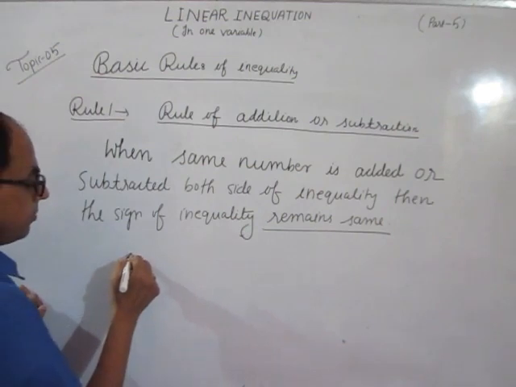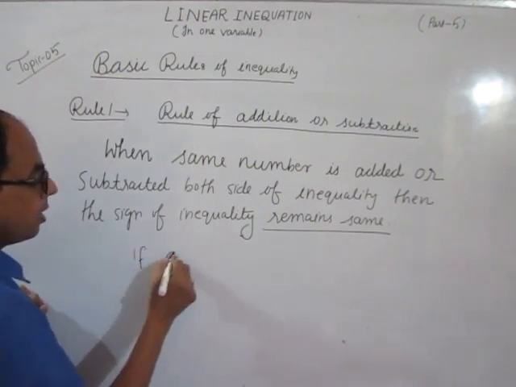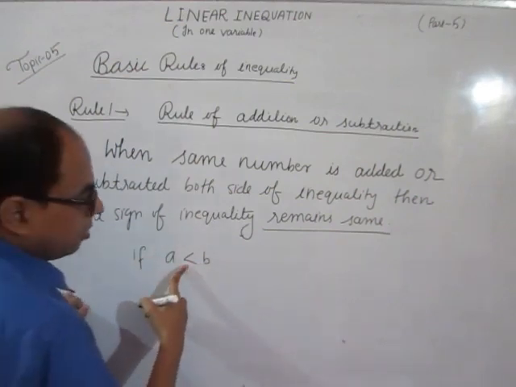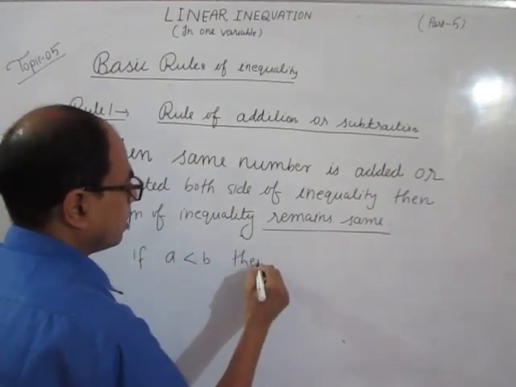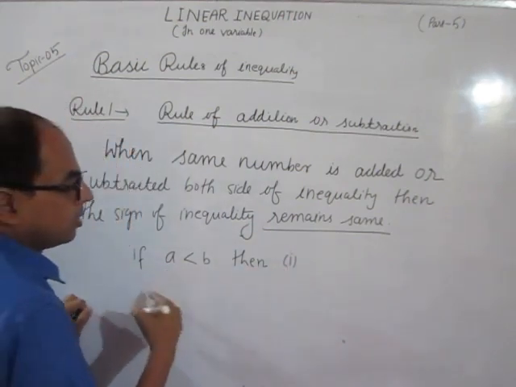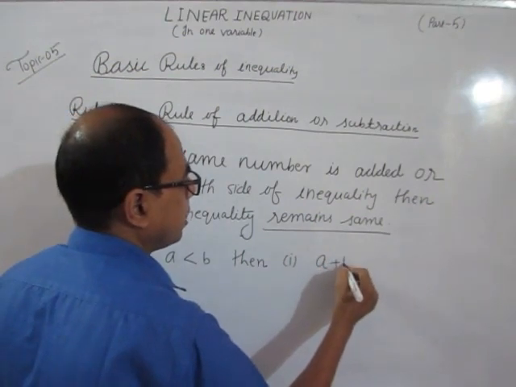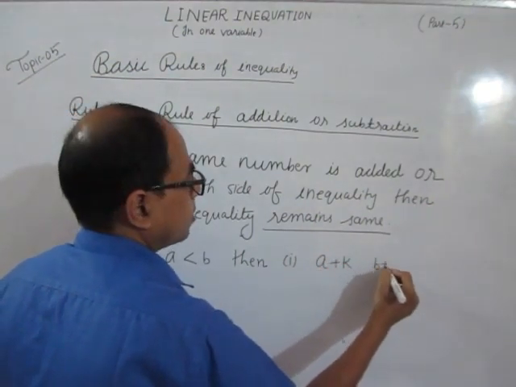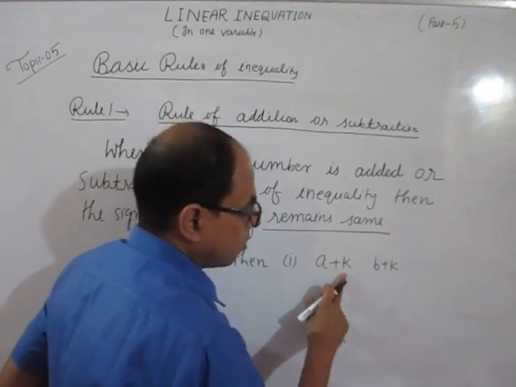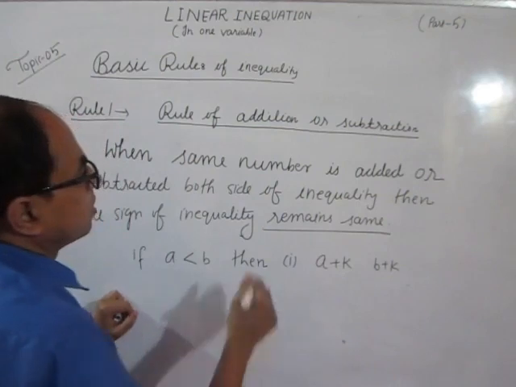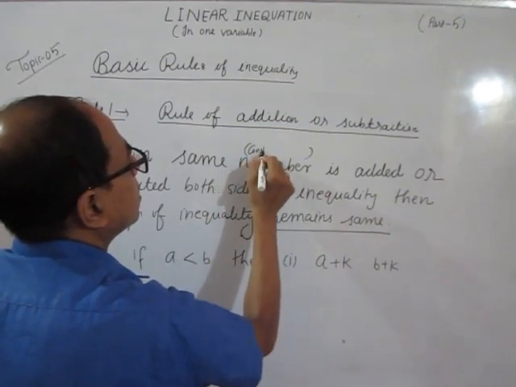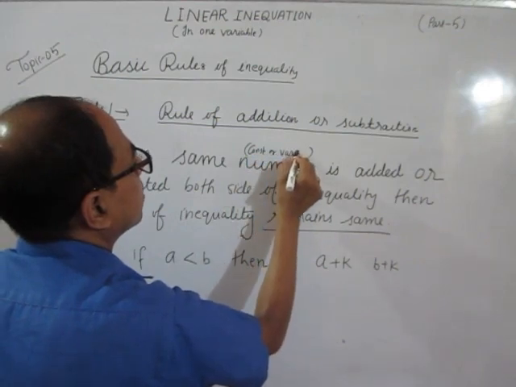Mathematically you can write, if A is less than B, if this inequality is given to you, then if the same number is added to both sides, suppose we are adding this k, B plus k. Clear? This k may be a constant or a variable, it doesn't matter.